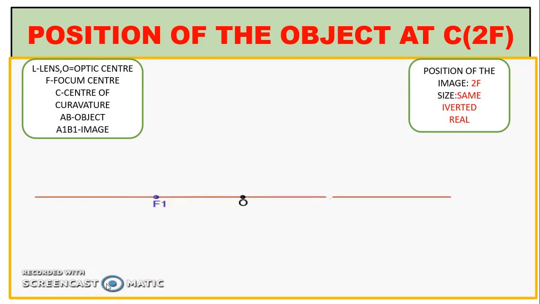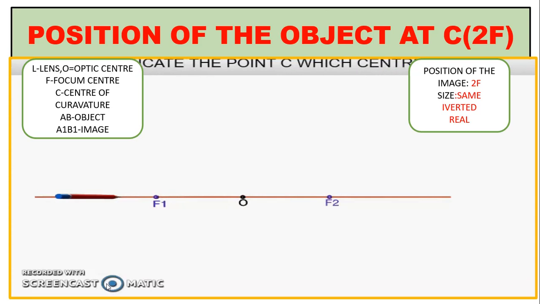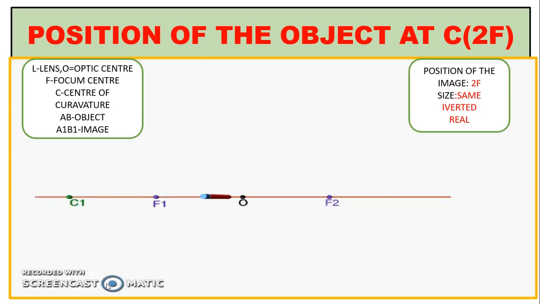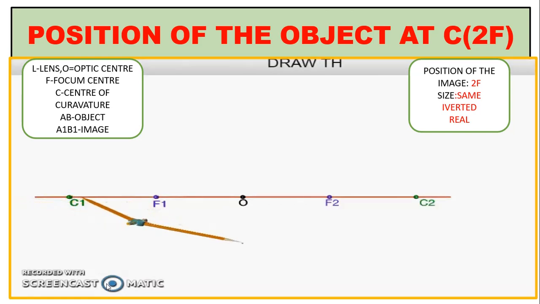figure. So F1 is 4 centimeter, F2 is also 4 centimeter from O, and C is 8 centimeter from O, on both sides. C1 and C2 are 8 centimeter from O, on both sides. So here C1, C2 are 2F1 and 2F2.